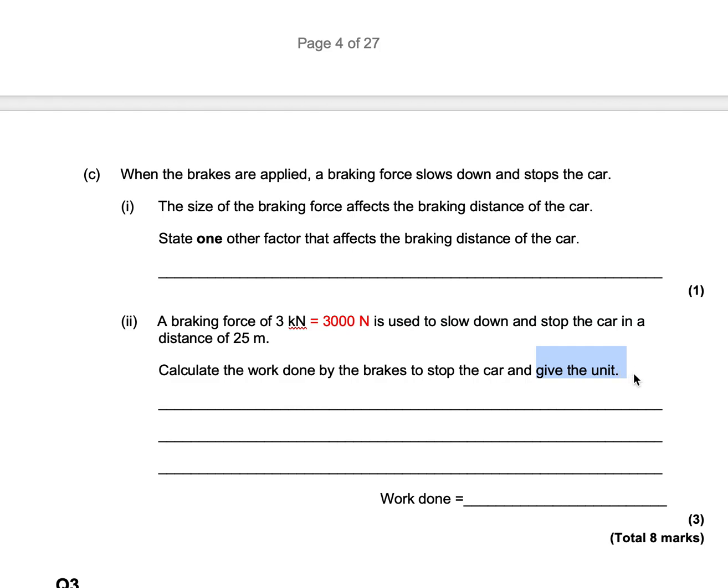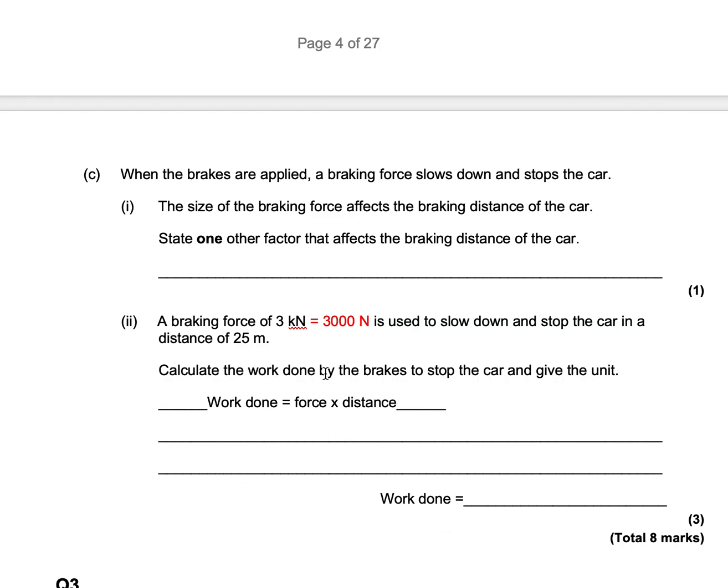Calculate the work done by the brakes to stop the car and give the units. We mustn't forget that. So we look at the equation sheet. There are several equations involving work done, but we're looking for one that includes force and distance. So we come up with work done equals force times distance.